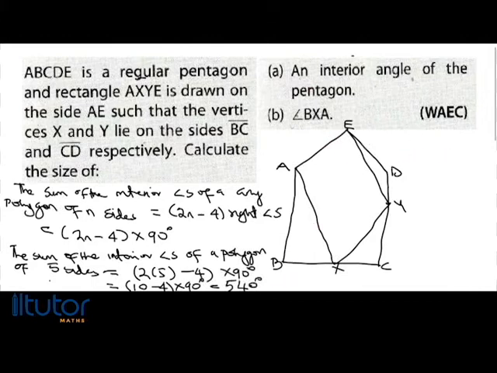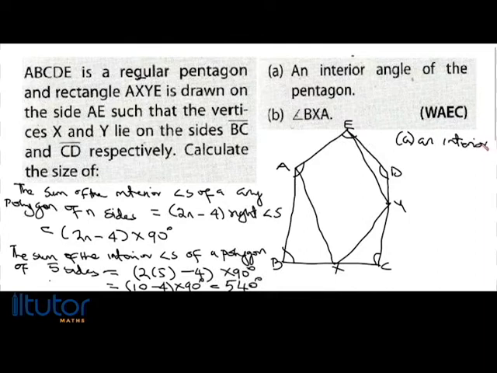Since the sum is 540, and we have 5 angles, and their sum is 540 degrees. So for one angle, since this is a regular pentagon, the interior angles are equal.